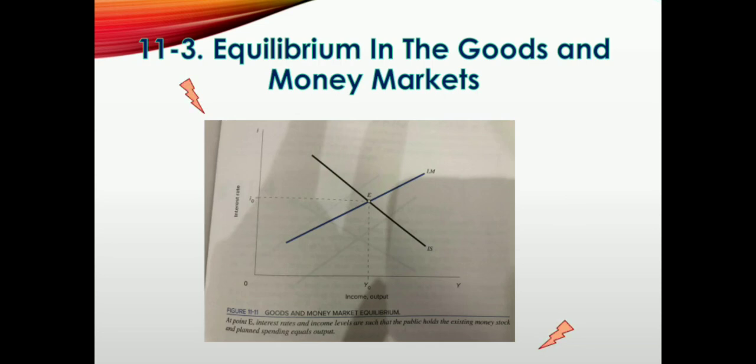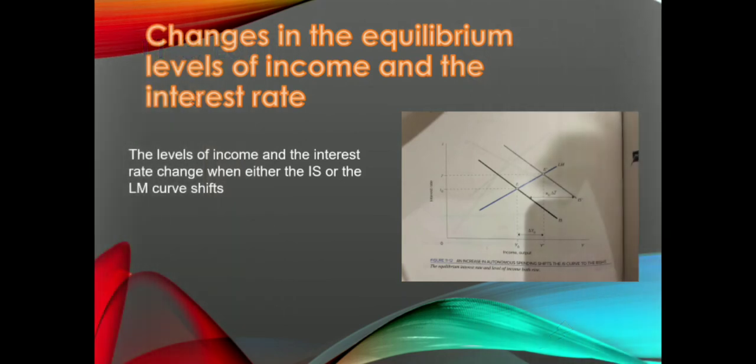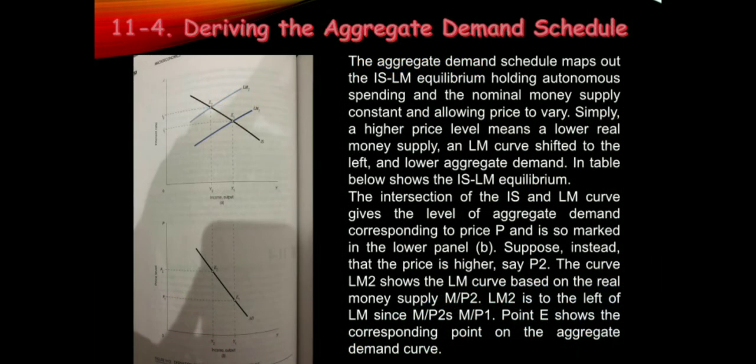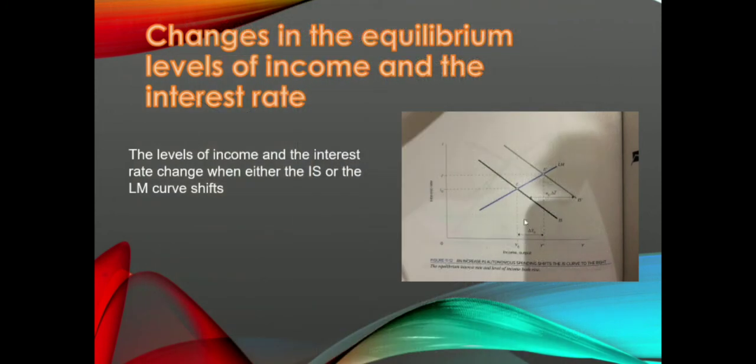Now we're going to move on to changes in the equilibrium levels of income and the interest rate. The level of income and the interest rate change when either the IS or the LM curve shifts. This graph shows the effect of an increase in the rate of autonomous investment on the equilibrium levels of income and the interest rate.